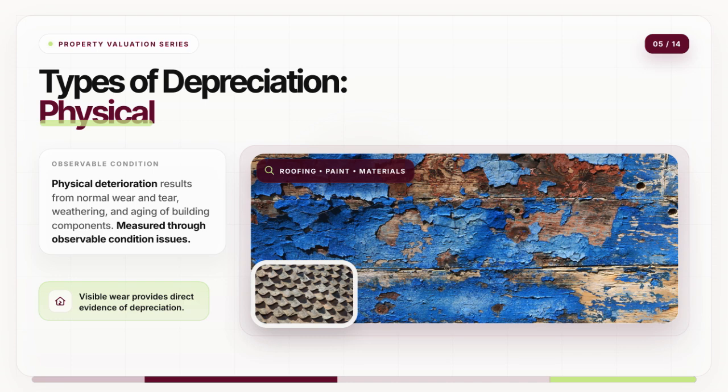We measure physical depreciation by inspecting the visible condition of the property. For example, signs like worn roofing, faded or peeling paint, and deteriorating construction materials all provide clear evidence that the property is aging and losing value in this way. Essentially, these visible clues help us quantify how much the property has depreciated physically, giving us a better understanding of its current condition and value.